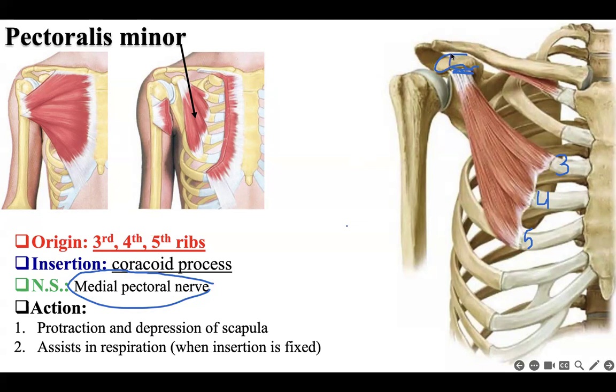So if anyone has a fracture of the coracoid, which muscle is affected? Pectoralis minor. Okay, what is the action? Number one, any muscle inserted in the clavicle or scapula acts on the shoulder girdle. What are the actions of the shoulder girdle? Elevation, and the opposite is depression.